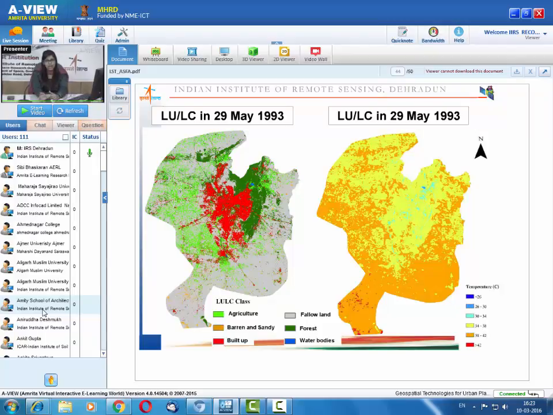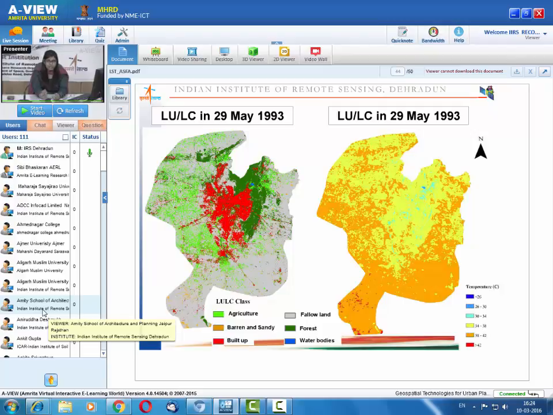Now on the right you have the land surface temperature. Now land surface temperature, blue in color is the coolest, and red in color is the heated up area. And I have given an interval of 4 degrees Celsius in this, and have tried to maintain the same degree difference for both the years, that is for 1993 also and for 2011 also.